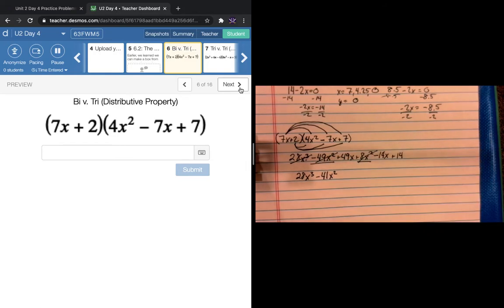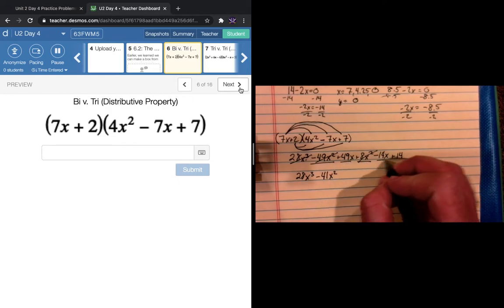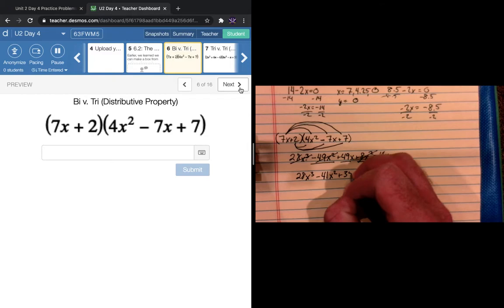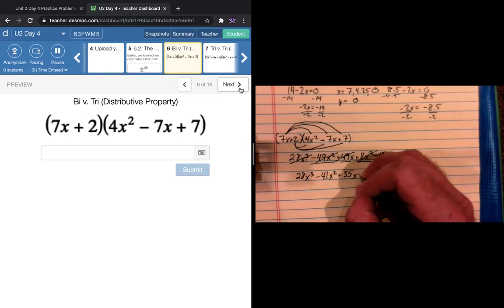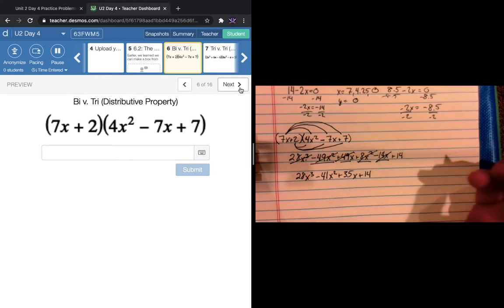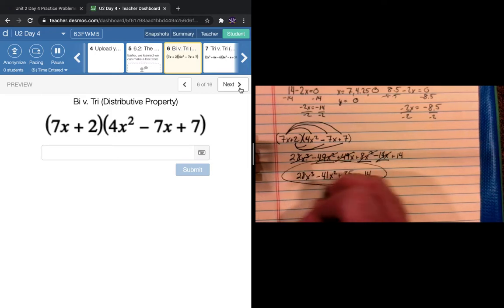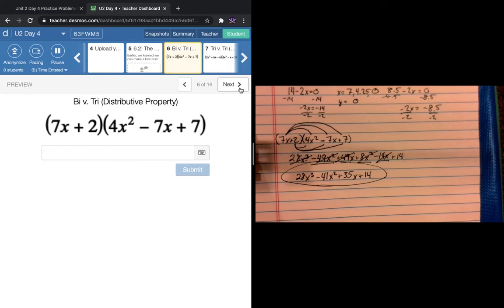And cross them out so we don't get caught up. Now I've got 49x and a negative 14x, which would give me a 35x. And then my last one, which is 14. Okay, so that is distributive property with a bi and a tri.